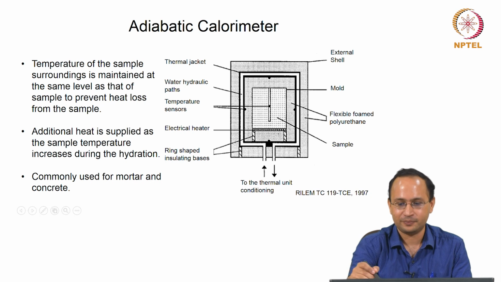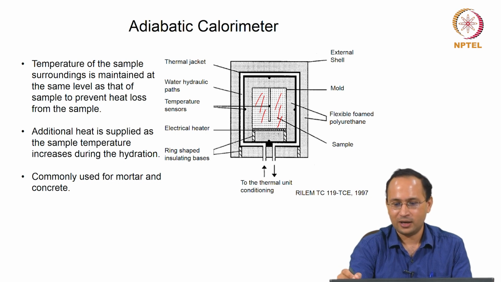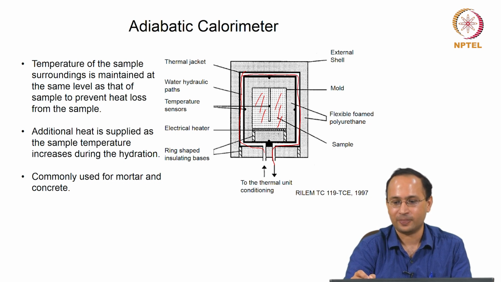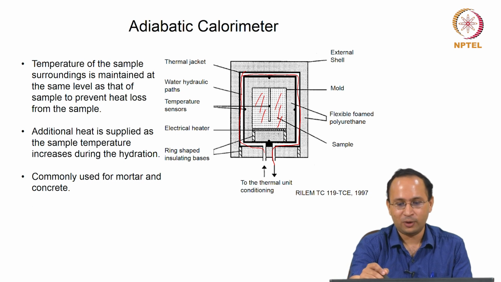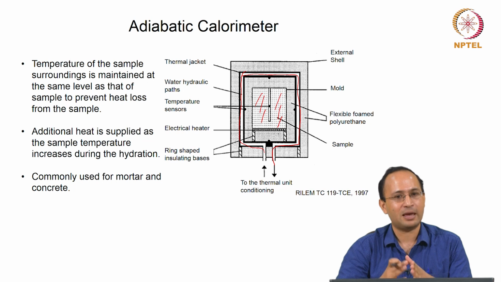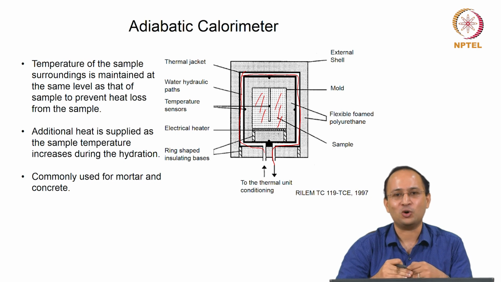So, you see your sample, right, and you are measuring the temperature, right, and what you have is this thermal unit conditioning, this thermal jacket basically surrounding it, that is how you are maintaining the temperature, right, and obviously you want to insulate also the sample so that there is no loss, right, but the idea is you are maintaining the temperature of sample and surrounding. It is also commonly used for mortar and concrete, okay.